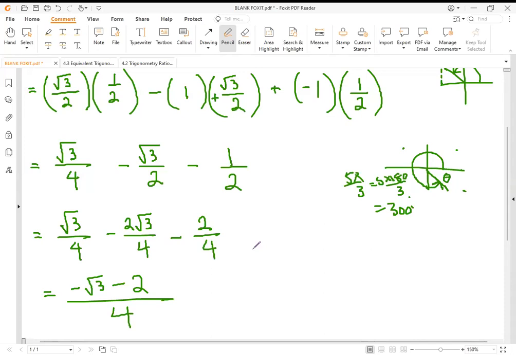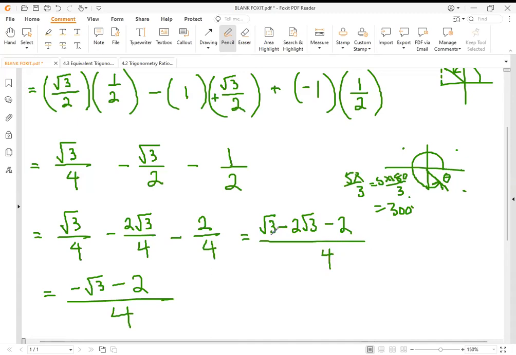Any other questions? Oh, yes. Can you show how you did the subtraction stuff and the fraction stuff? Sure. Long story short, the numerator is that.